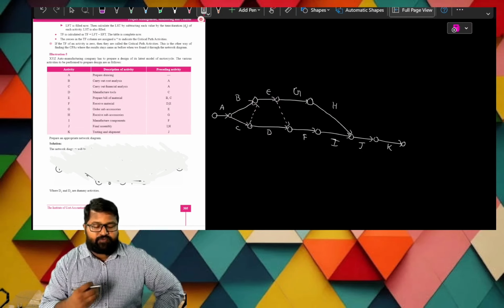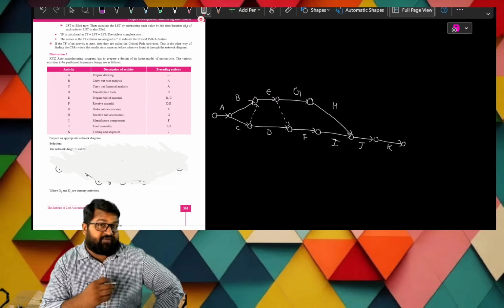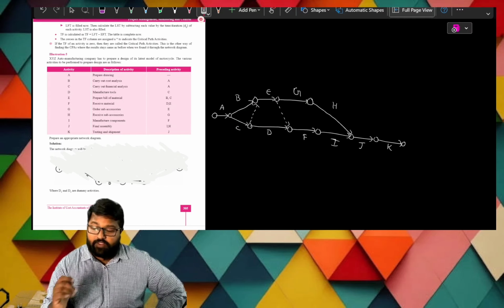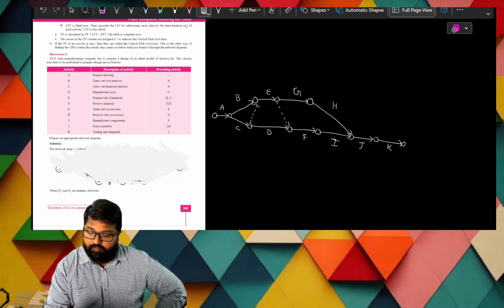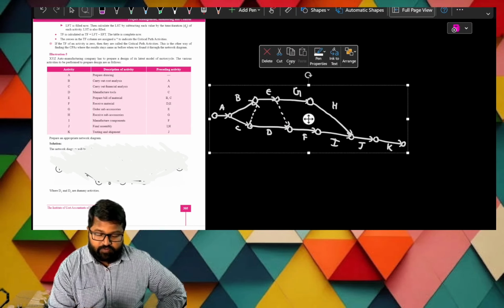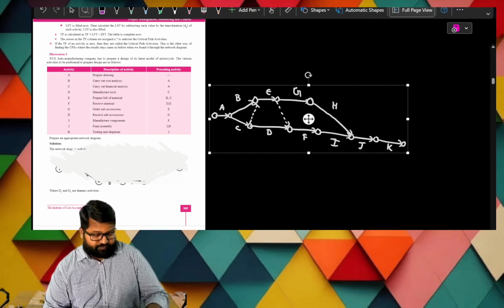Sir, what if we have arranged the dummy in a different manner? I will show that also so that you can get clarity. Let us redraw this diagram once again.